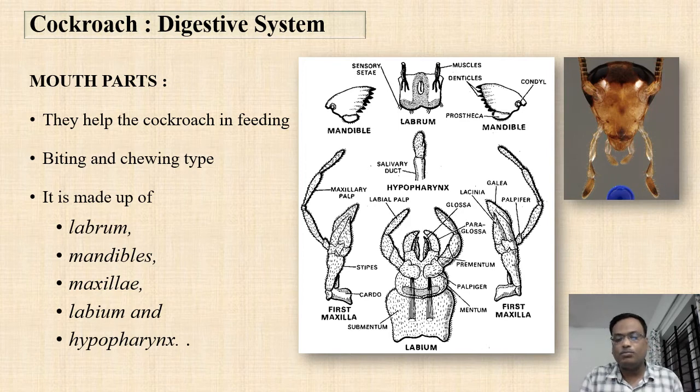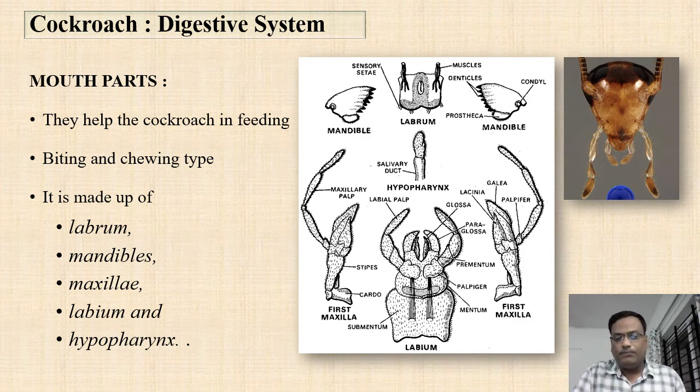This type of mouth part helps in eating solid food materials. With the help of mandibles, they cut the solid food into small pieces, and those small pieces are pushed into the mouth where they are going to be digested chemically.